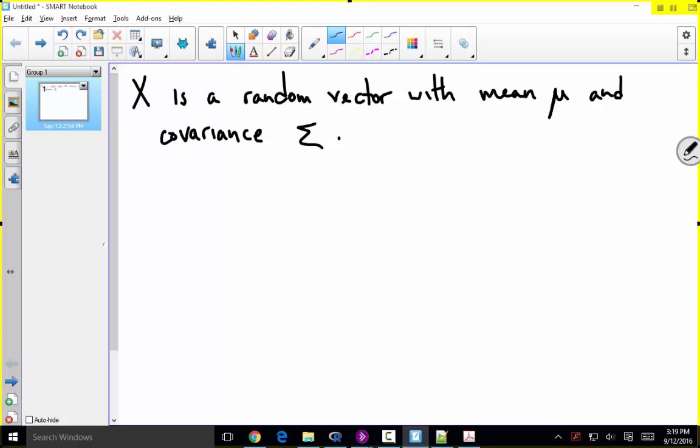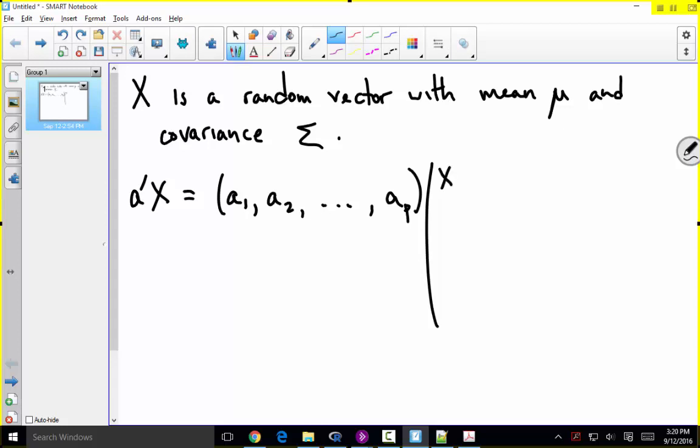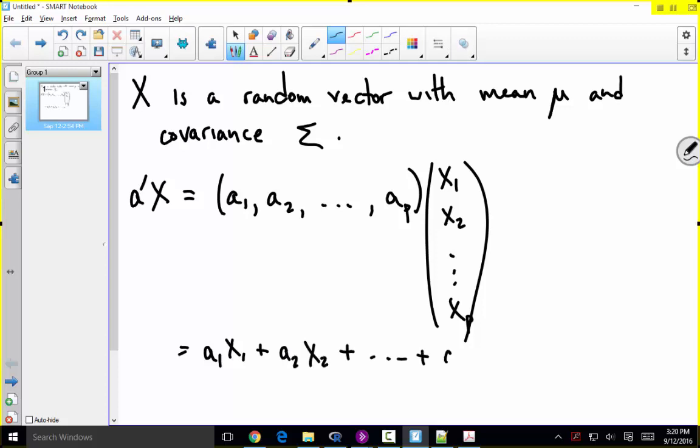So A transpose X, that is some constants A1, A2, dot, dot, dot, Ap, times the vector x1, x2, through xp. So that's A1 x1 plus A2 x2 plus dot, dot, dot, Ap xp.